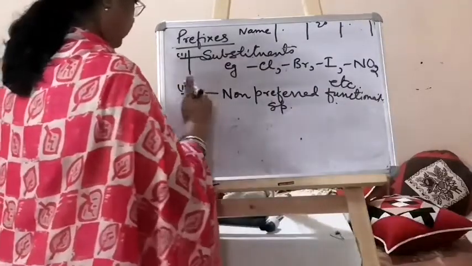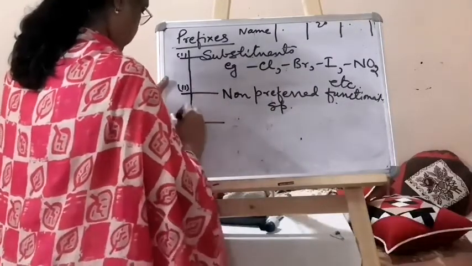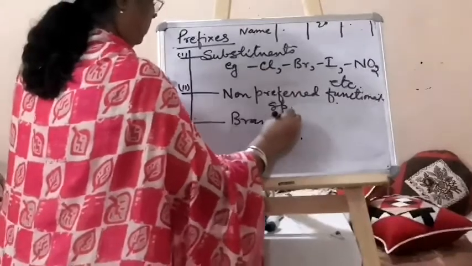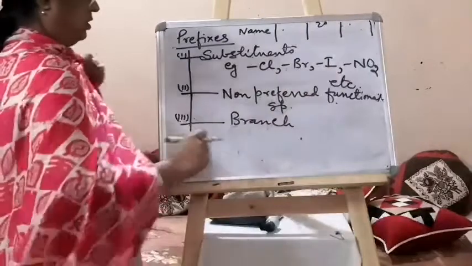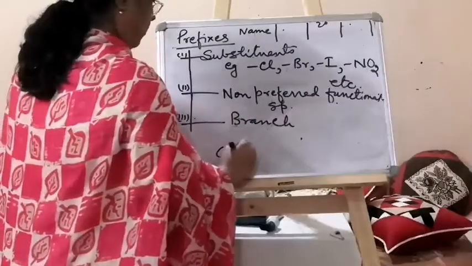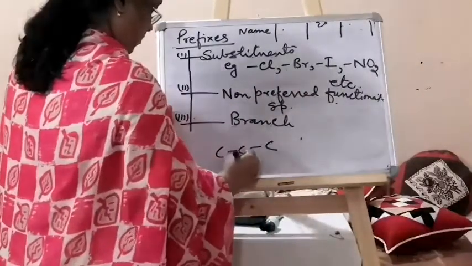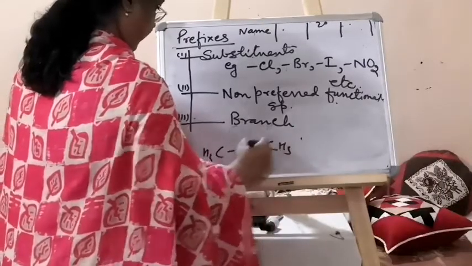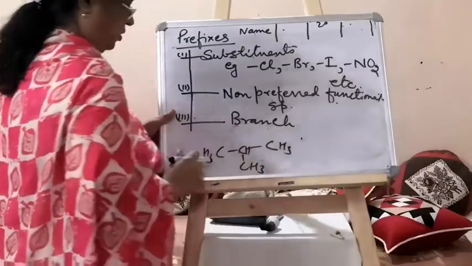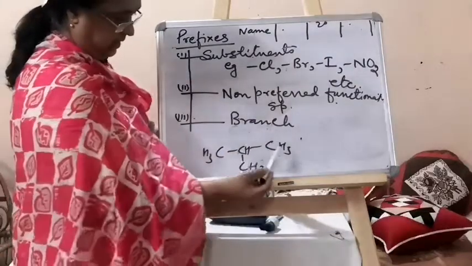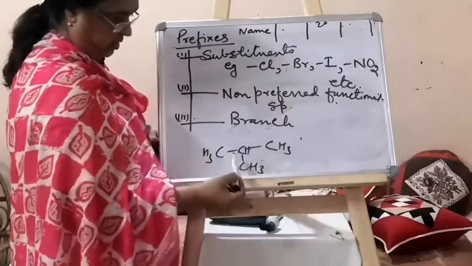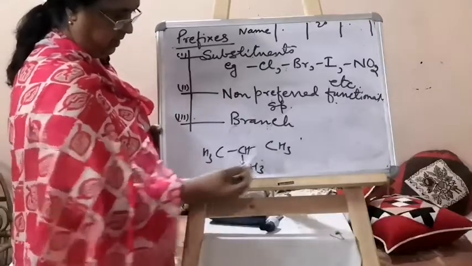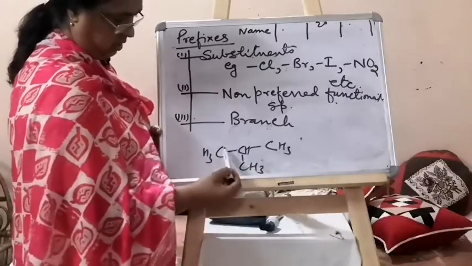Then third is your branch. Branch, that is, if you have this, you have one CH3 here. So this will either be included in the chain, or if you go this way, then this will be included. If we take this chain, this is not included.